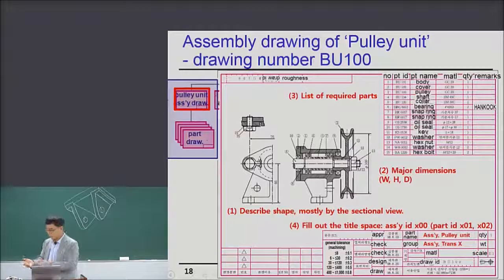So for example, if you see the part drawing whose ID is BU 304, then you can easily know that, oh, this part belongs to the assembly drawing BU 300, right? So this is the way of giving a part ID in industry. So, okay, all right.